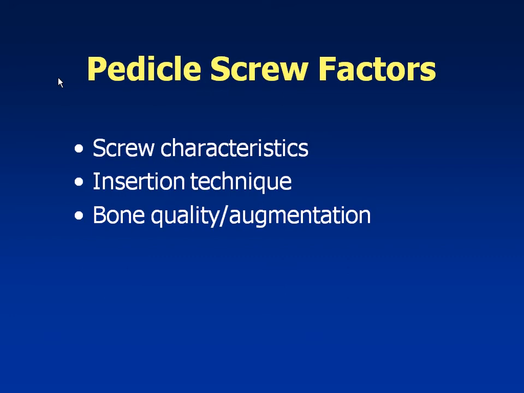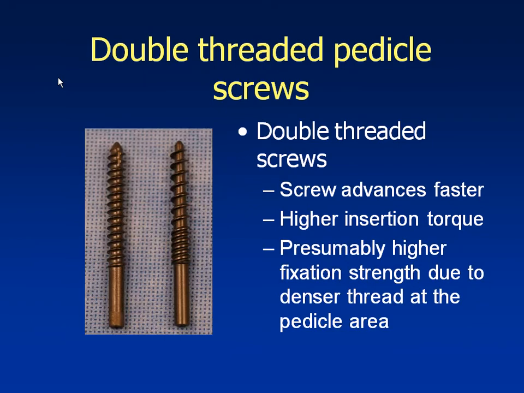To prevent all these events, we have some preventive measures, and pedicle screw factors are among them. Regarding pedicle screw factors, we should know the screw characteristics, and we should be very careful about the insertion technique, and I will talk about the details. Also, we should judge the bone quality, as I have mentioned before, and do augmentation if necessary.